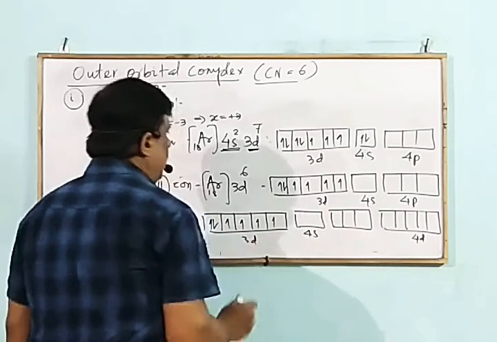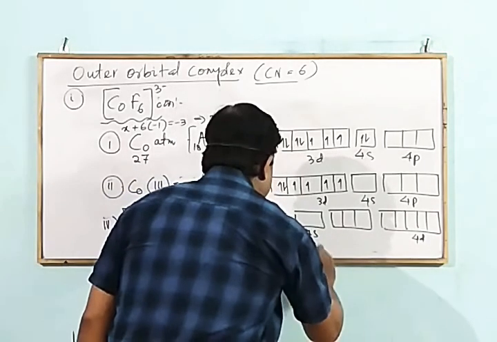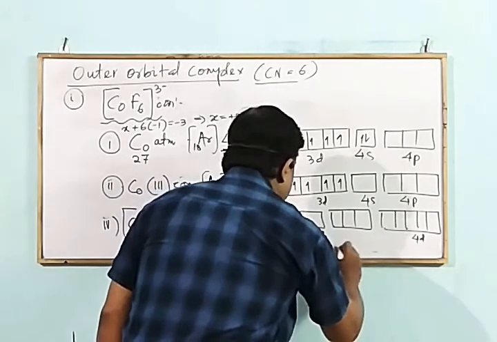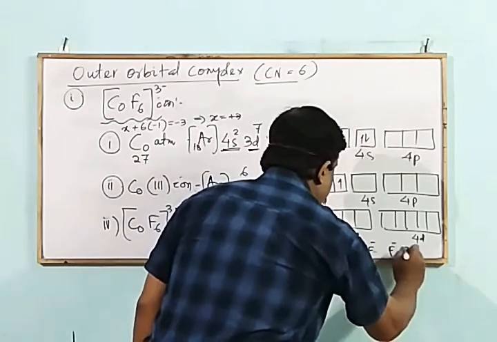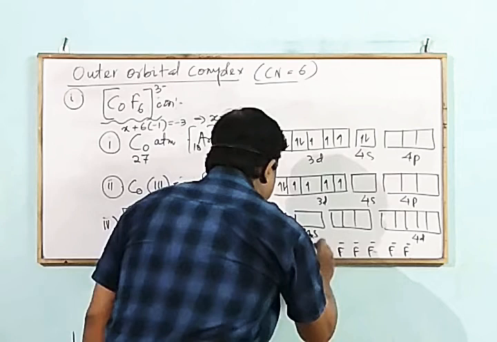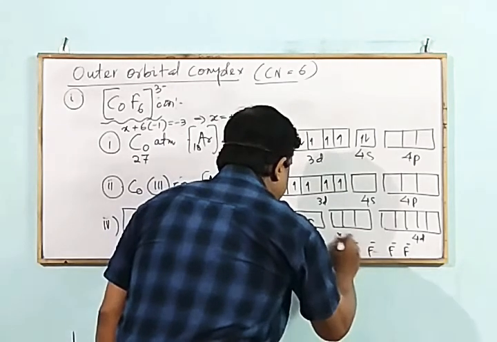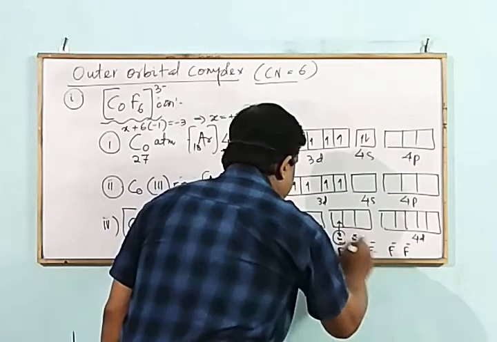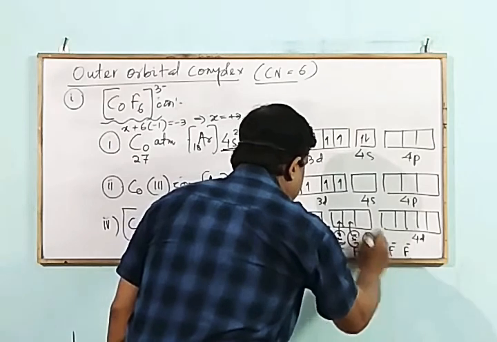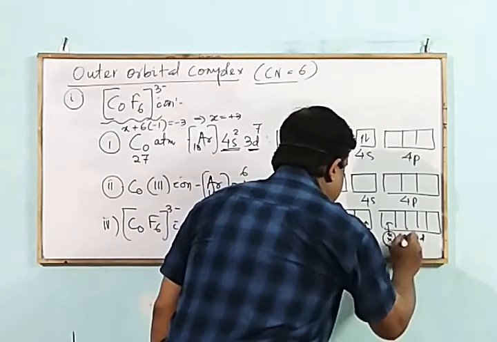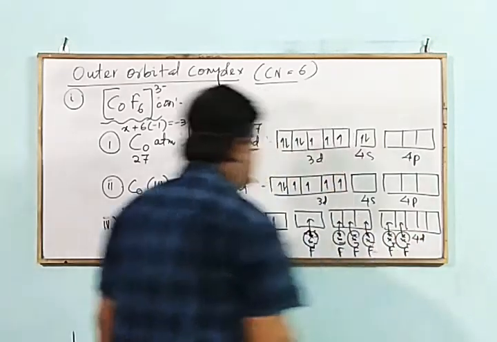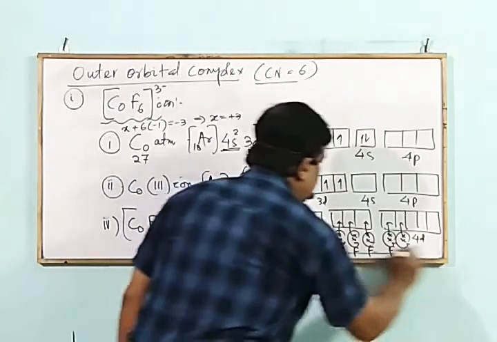No pairing of electrons. 6 ligands are there. Each ligand donates a pair of electrons, forming a complex.